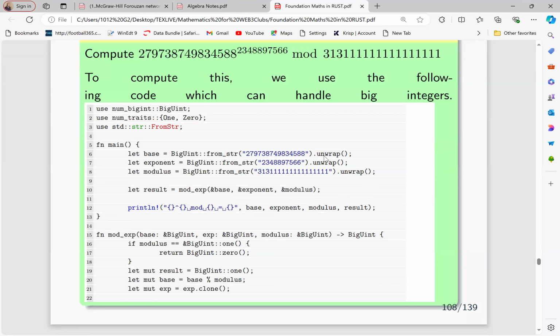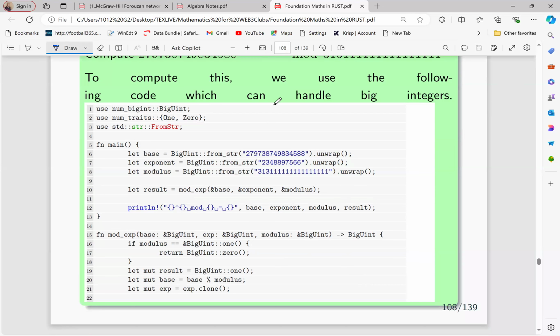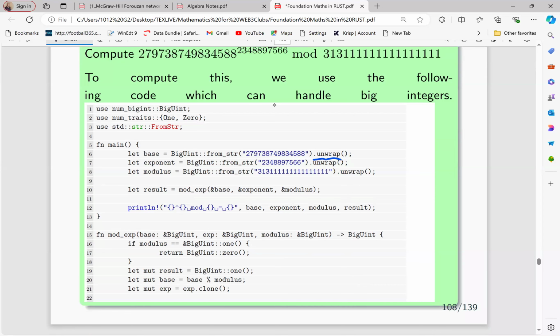So the unwrapped part that you're seeing here is just meant to assist where there is overflow. Where there is overflow, that is where the number is bigger than the modulus, the unwrapped part comes in to assist with that overflow.